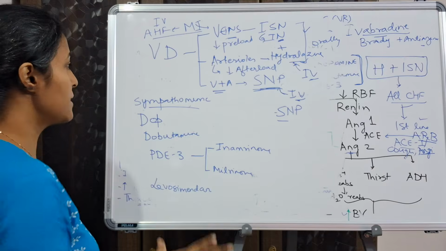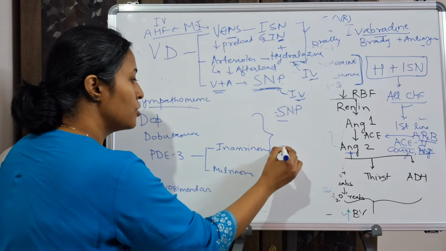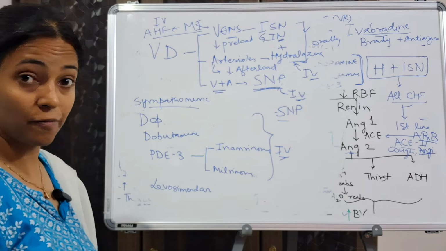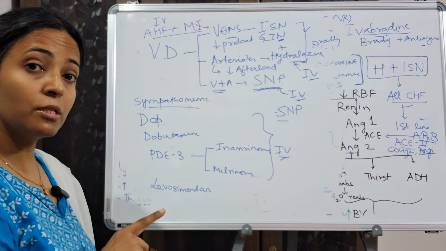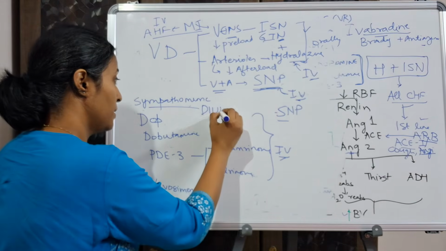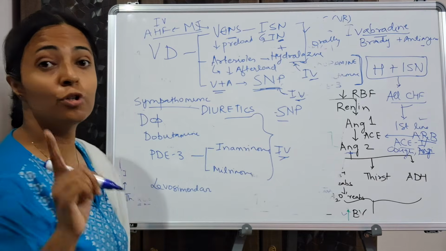In that case, we give these IV drugs. Okay, so these are short-term drugs which are used in case of decompensated heart failure. Another drug which is used in decompensated heart failure we have seen, that is diuretics. Okay, and in decompensated heart failure we don't use beta blockers.